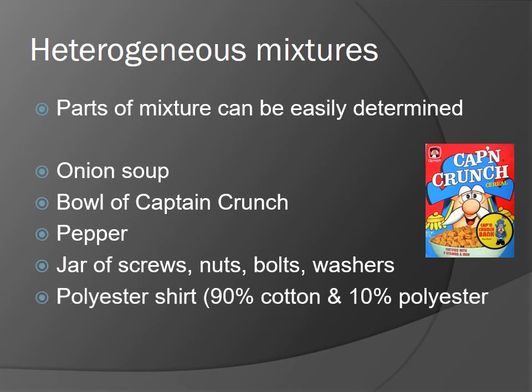And sometimes not so obvious would be a polyester shirt. It's a blend where it's 90% cotton, which is a natural material, and then a synthetic material, which is called polyester. And polyester with the 90-10 mix is then a heterogeneous mixture. Under a microscope, you could actually tell the polyester from the cotton in the weave of the shirt.